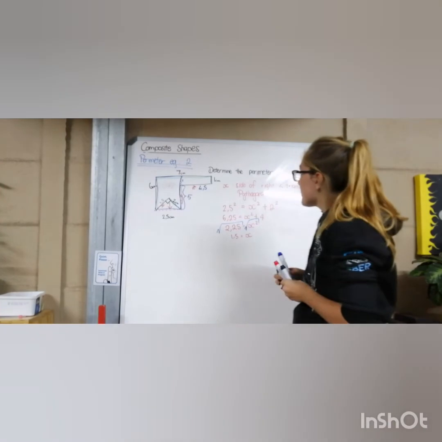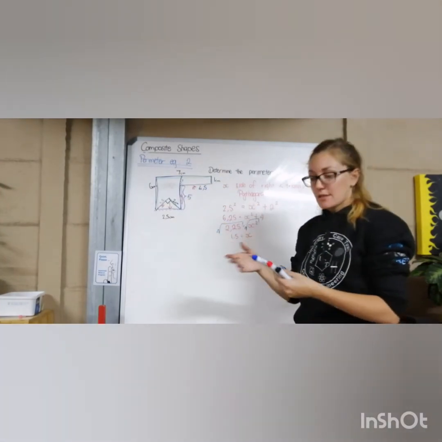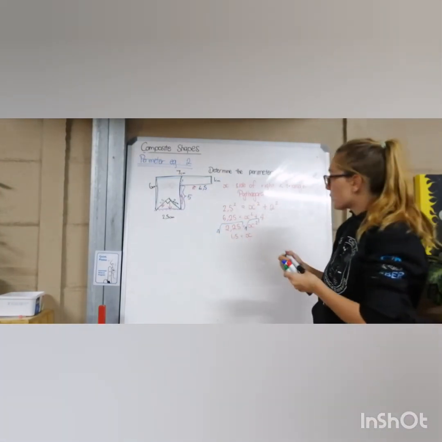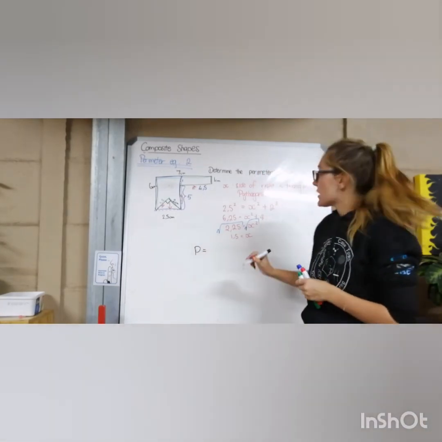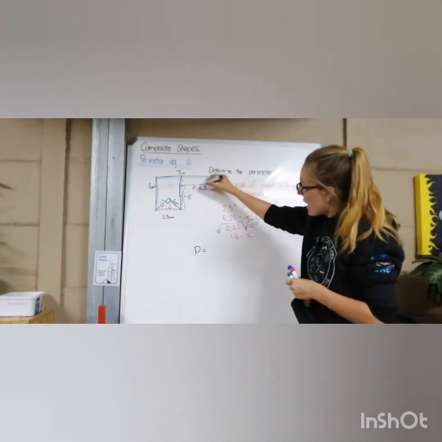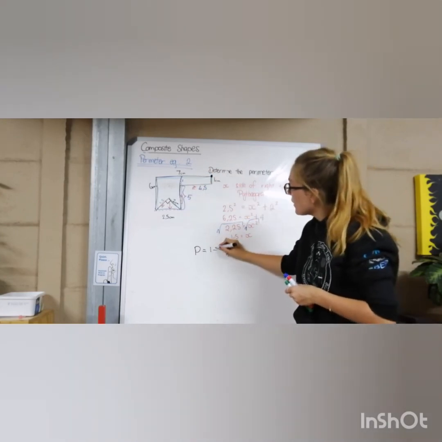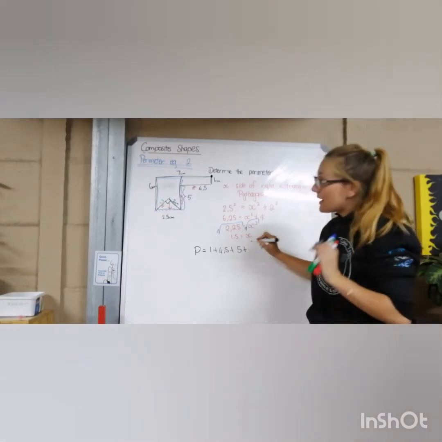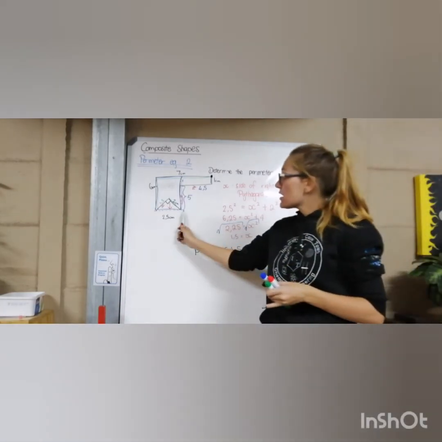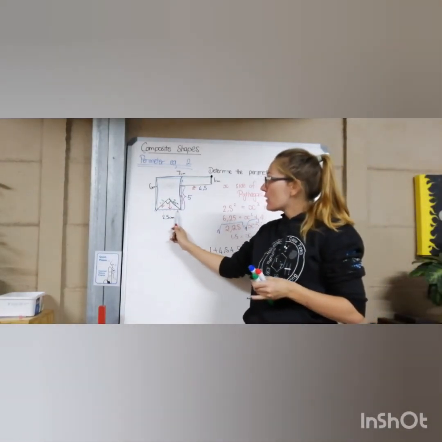Okay, so step 1, determine all the sides. We now have all the sides. Step 2, we can work out the total perimeter by adding them all together. So I'm going to start here and walk around clockwise. So I'm going 1 plus 4.5 plus 5 plus, now be careful, this 2.5 is not part of the shape.